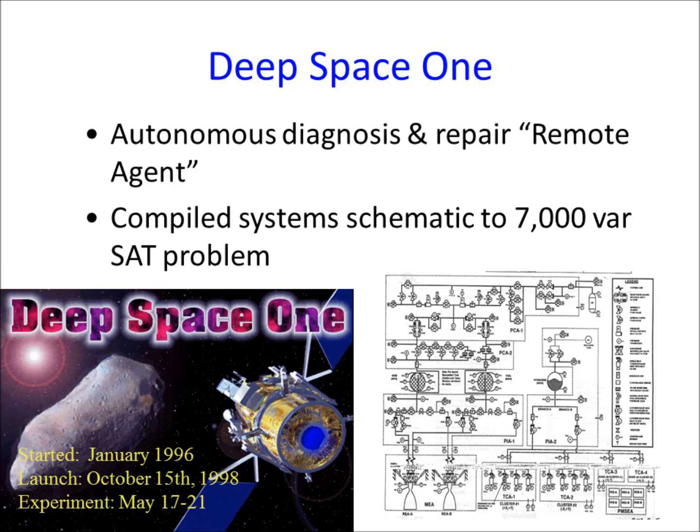Now they ran this AI agent in this real experiment in space, and this AI agent was able to automatically diagnose the faults and repair them, suggest actions that will repair these faults.